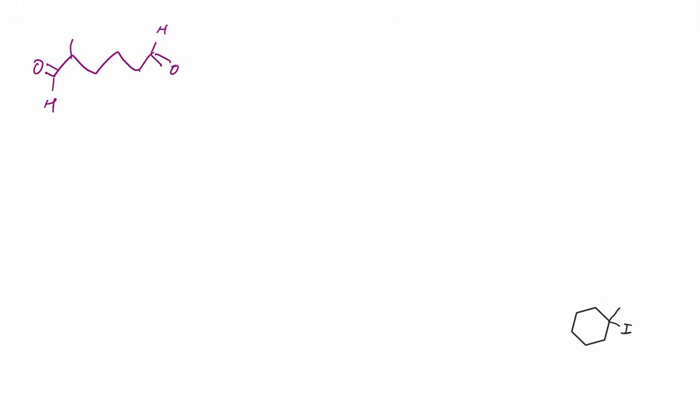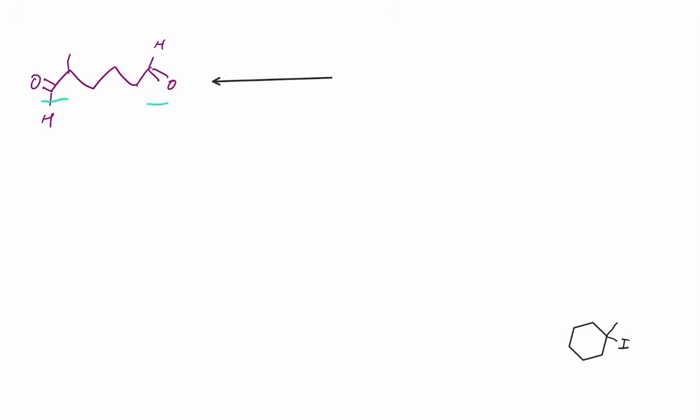So when you're thinking about how you can break carbon-carbon bonds, especially when you see these carbonyl groups in your product, you can almost confirm that ozonolysis was involved. And ozonolysis requires the starting material or the intermediate from which the product is derived to have a carbon-carbon double bond.